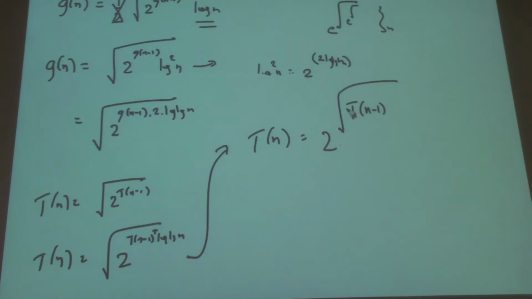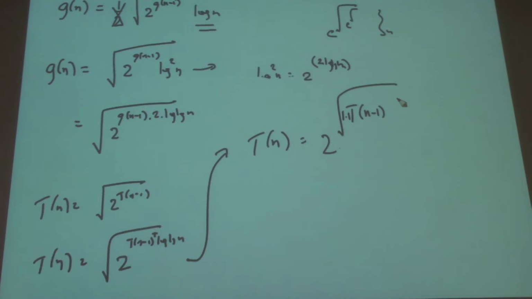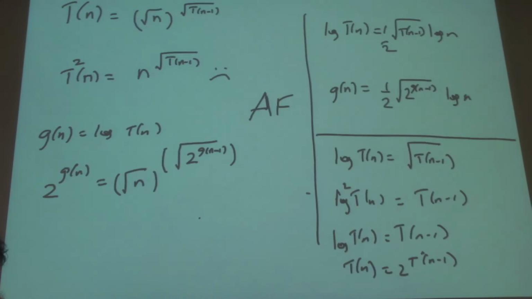Instead of log log n, I'll just say 1.1 times that, some constant times that, because it's not going to be much more than that. The log is going to be really small compared to that. This is a gross overestimate, but it'll work. And put this on here. But now we can solve this again, up to some constant.